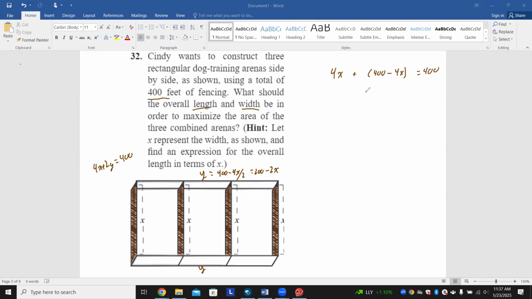To maximize a profit, we need a quadratic. So you would need to know the area of each one of these.